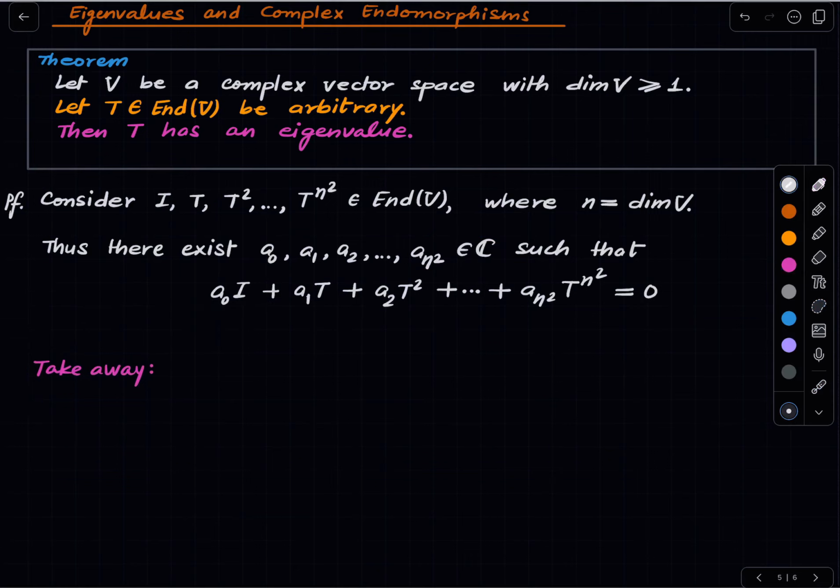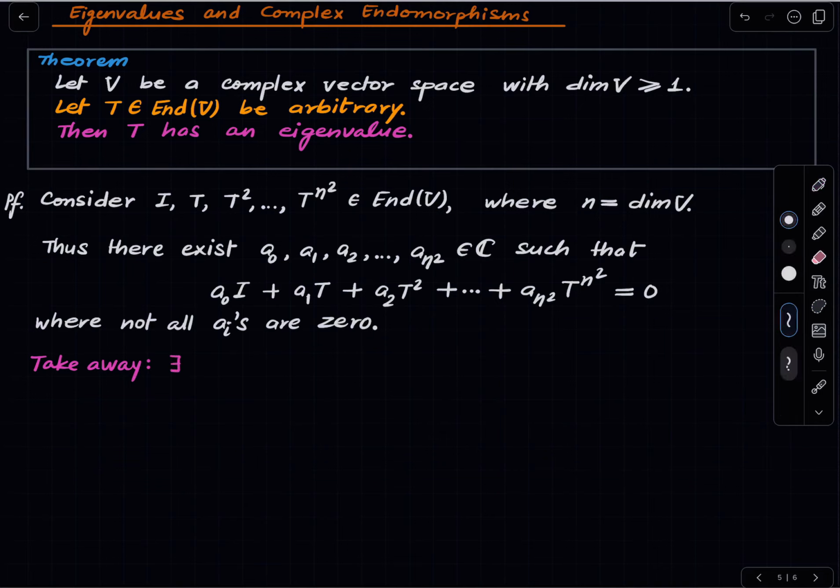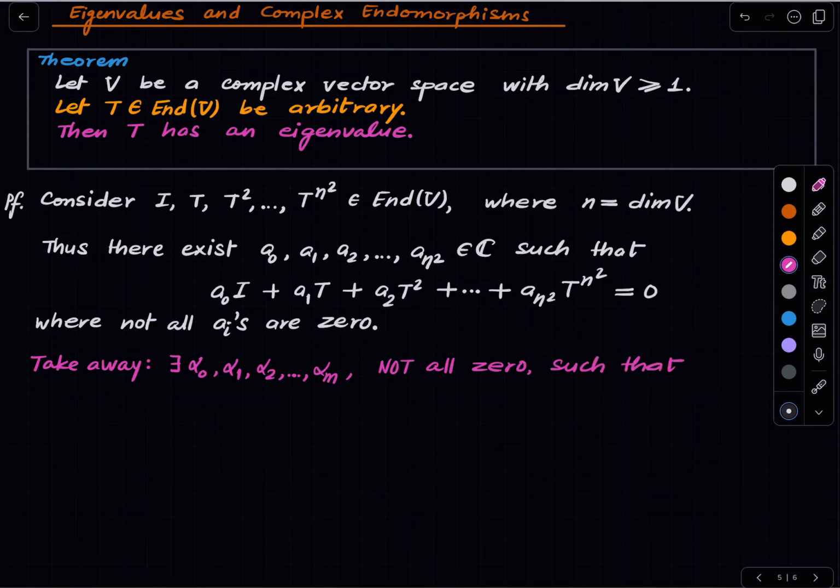So the takeaway from the previous deduction is that there exist scalars, maybe I will write alpha, not all 0, such that this endomorphism is 0.